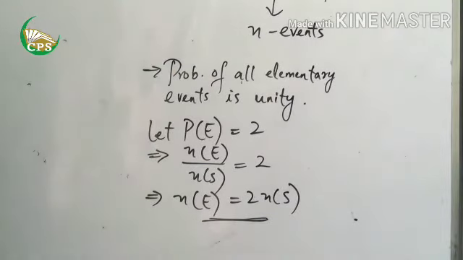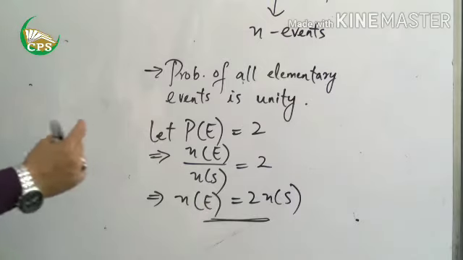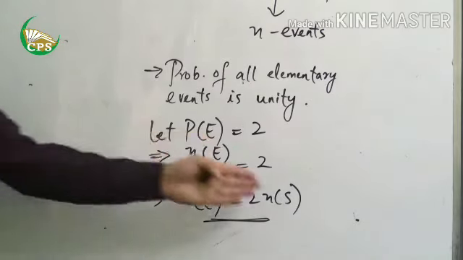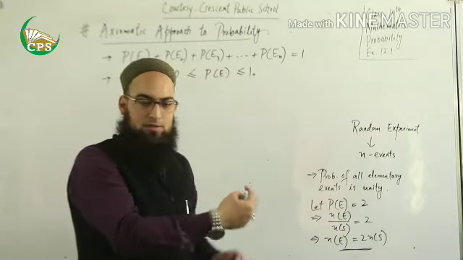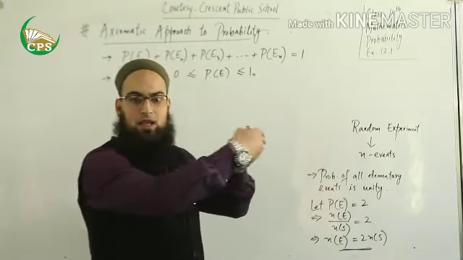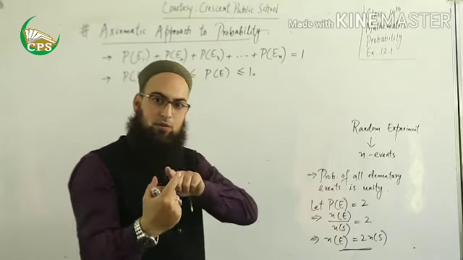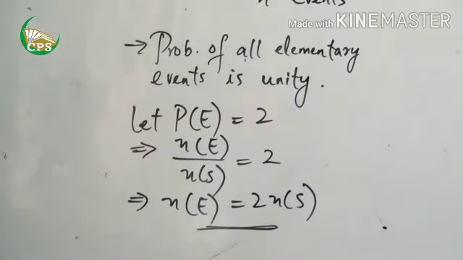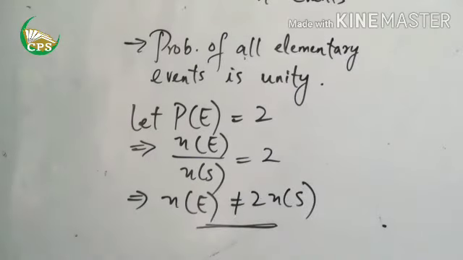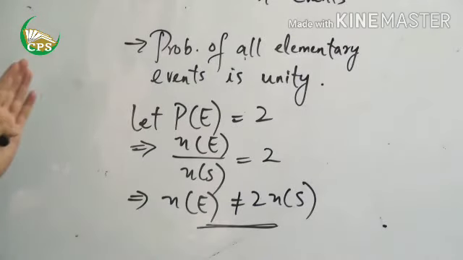This is not possible, because I am saying the number of favorable outcomes is twice the total number of outcomes. Favorable outcomes are taken from the total outcomes, so how can they be greater than the total? It's not possible at all. Therefore a probability of 2 is not possible either.